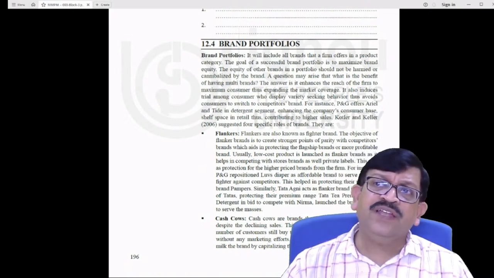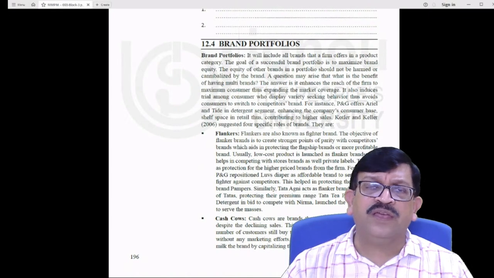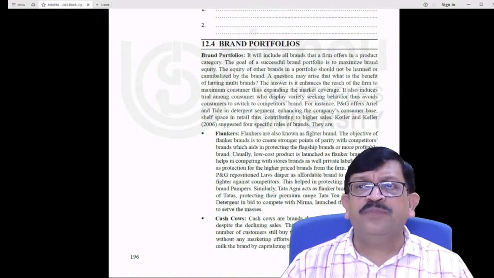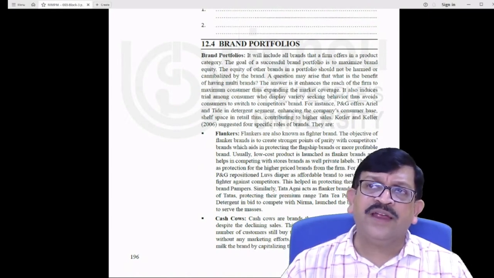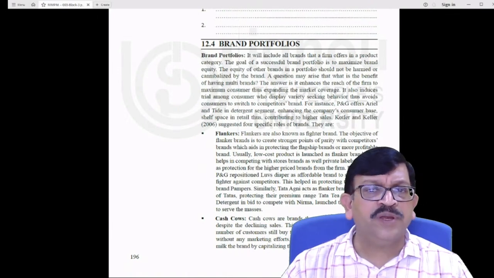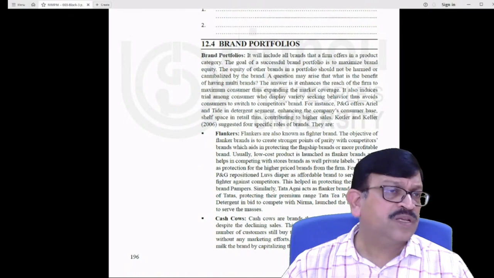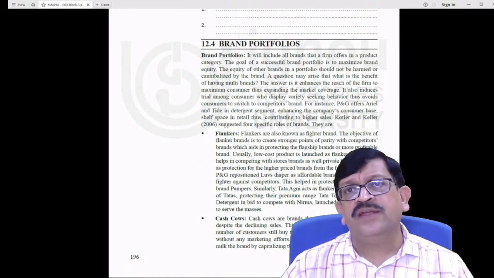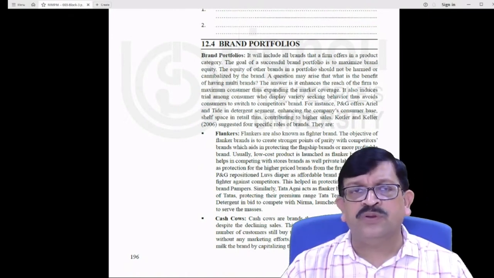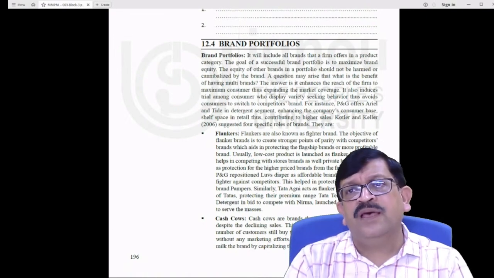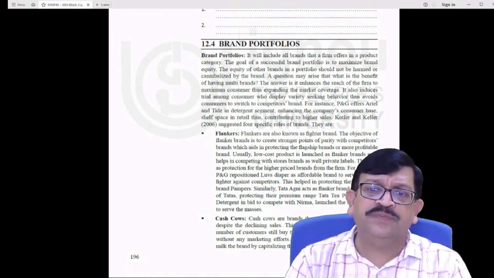You will find that even now in India, we look at P&G giving Ariel and Tide as two separate brands, though in some international markets Ariel and Tide are the same; in India they are two separate brands offered at different price points.